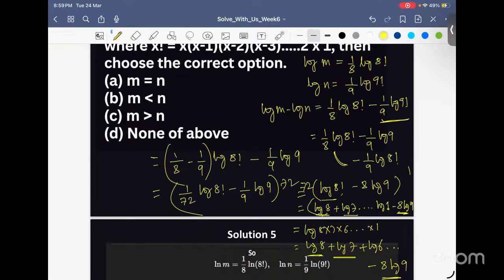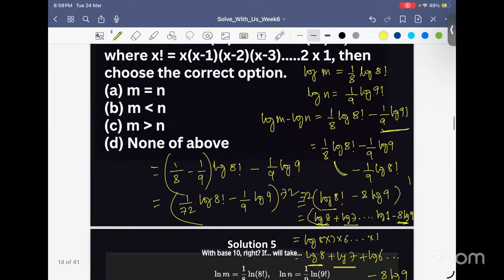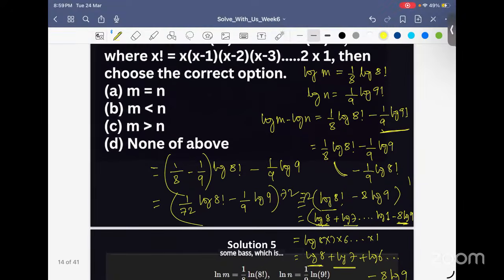Sir, we have taken the log with base 10, right? If we take some base which is between 0 and 1, then what will happen in that case? So that would be a decreasing function.